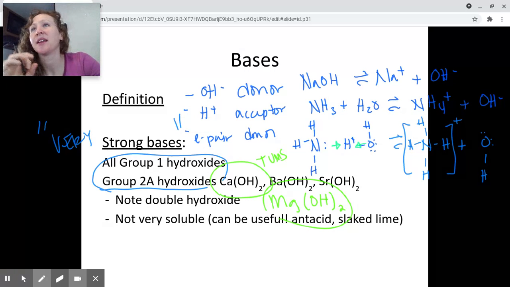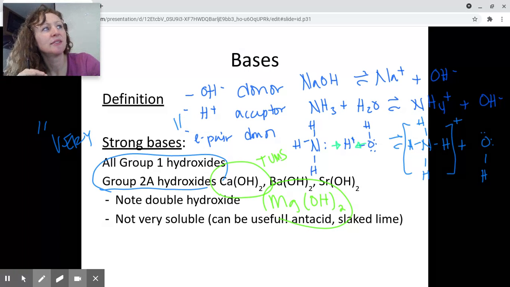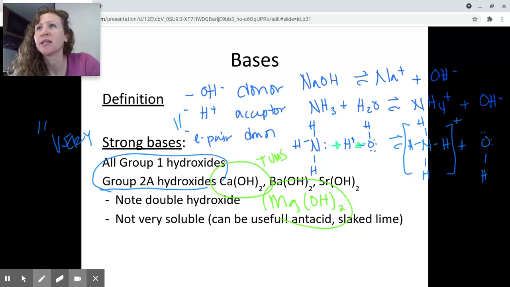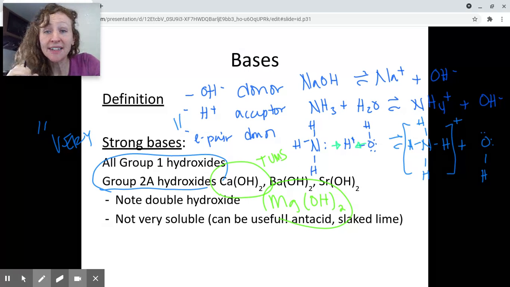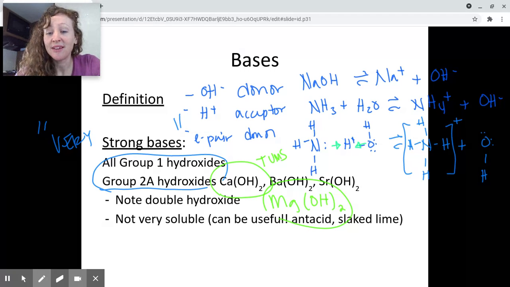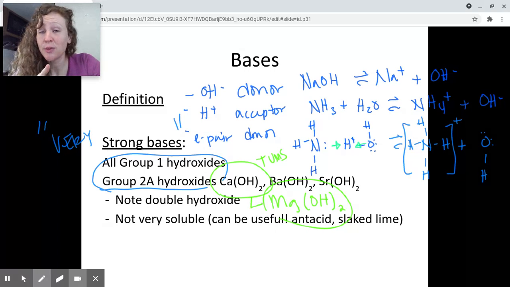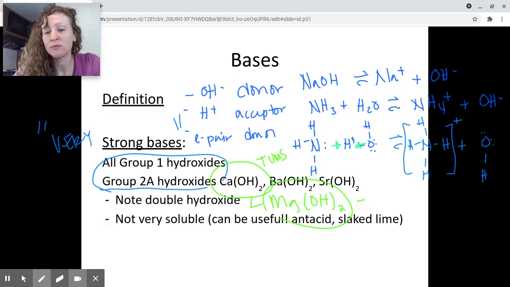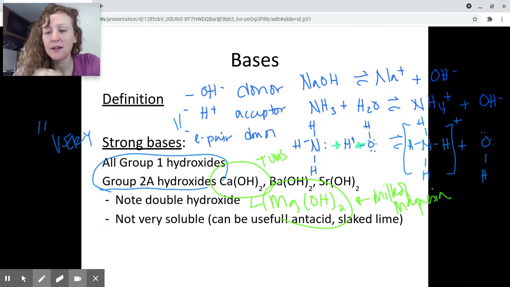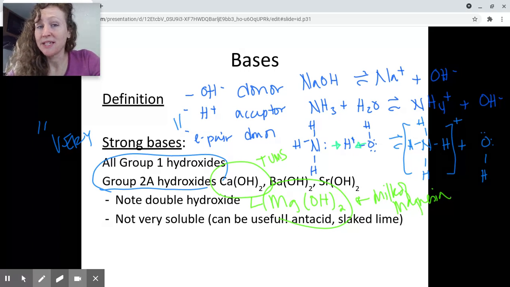If you've ever had a Rolaids, I always want to say Roloid, but that's a candy, right? Rolaids is another antacid tablet that you can chew. That is a combination of calcium hydroxide and magnesium hydroxide. And a third one that you might have had experience with is milk of magnesia, which is made out of magnesium hydroxide.